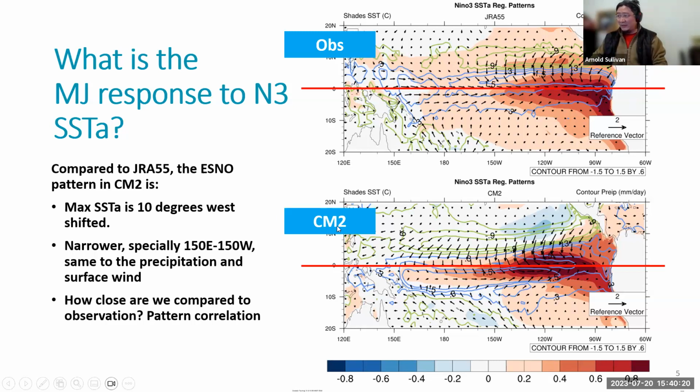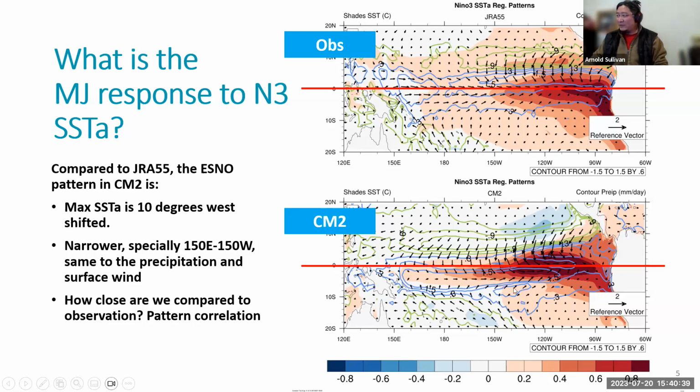But when you look at the CM2, you can see from the SST regression pattern that it's also along the equator, but in the Central Pacific we are slightly being squeezed southward compared to observations.